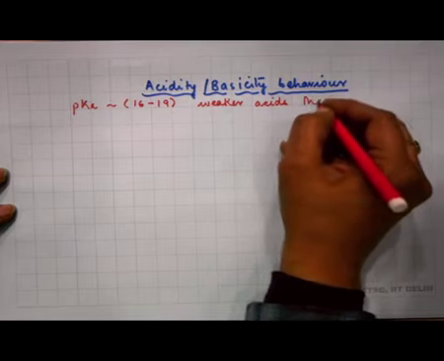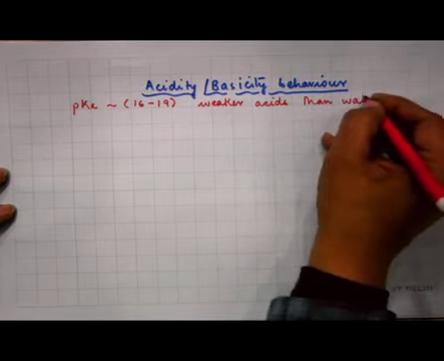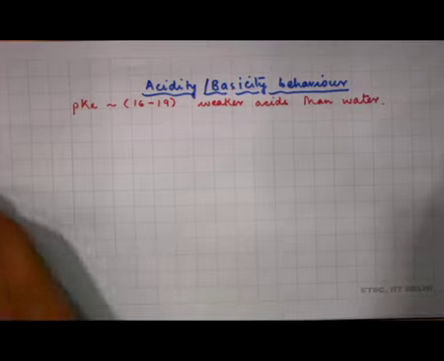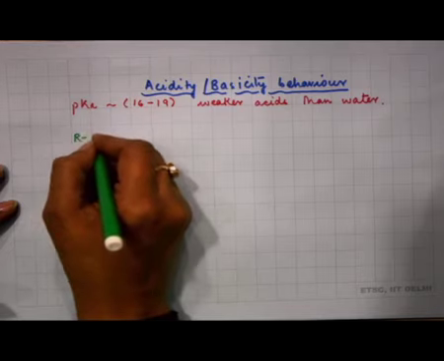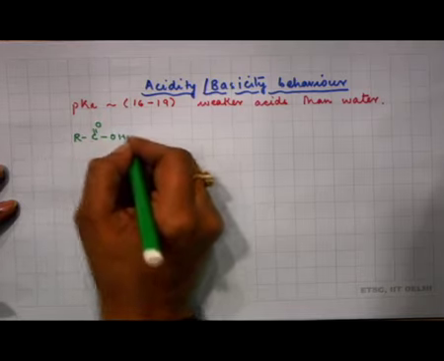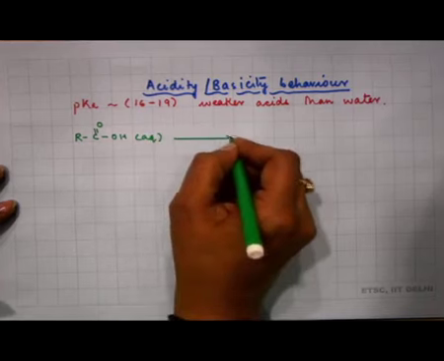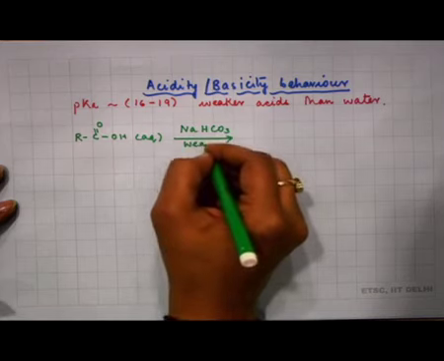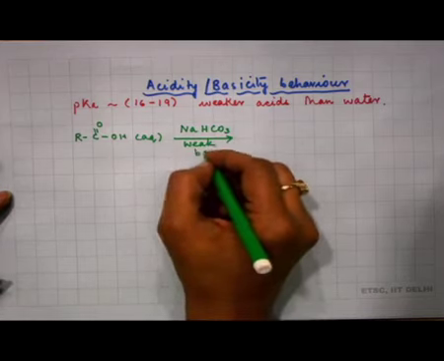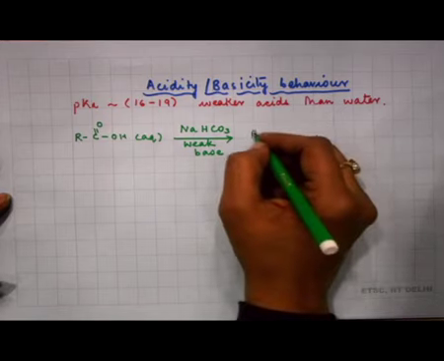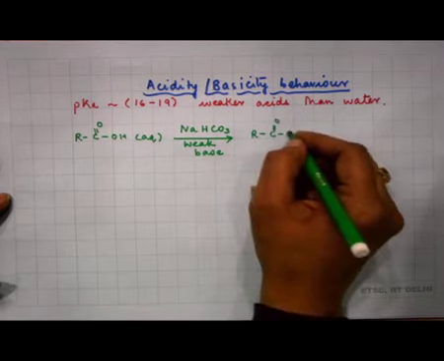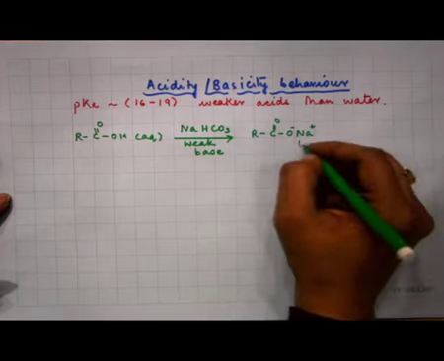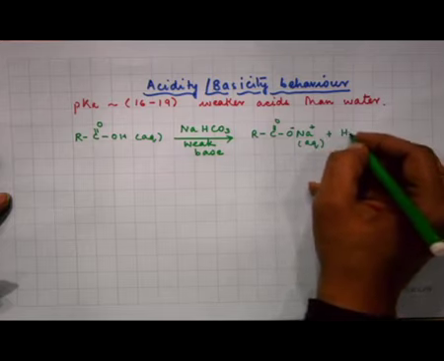If we compare their acidity with a known acid like a carboxylic acid, we all know that any aliphatic carboxylic acid in aqueous solution, if you treat it with a weak base like sodium bicarbonate, or sodium carbonate, we get the sodium salt of that acid, the corresponding carboxylate anion, along with the formation of carbonic acid.